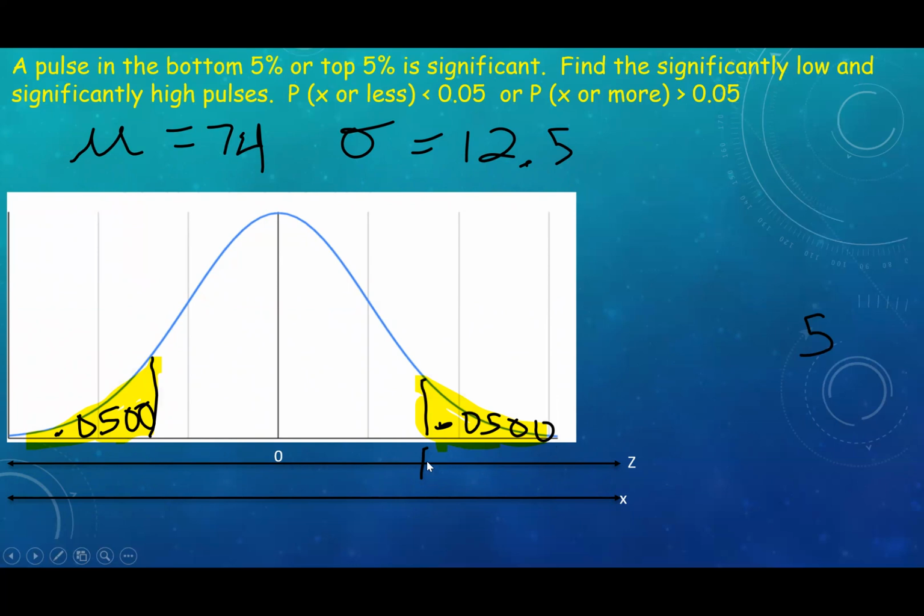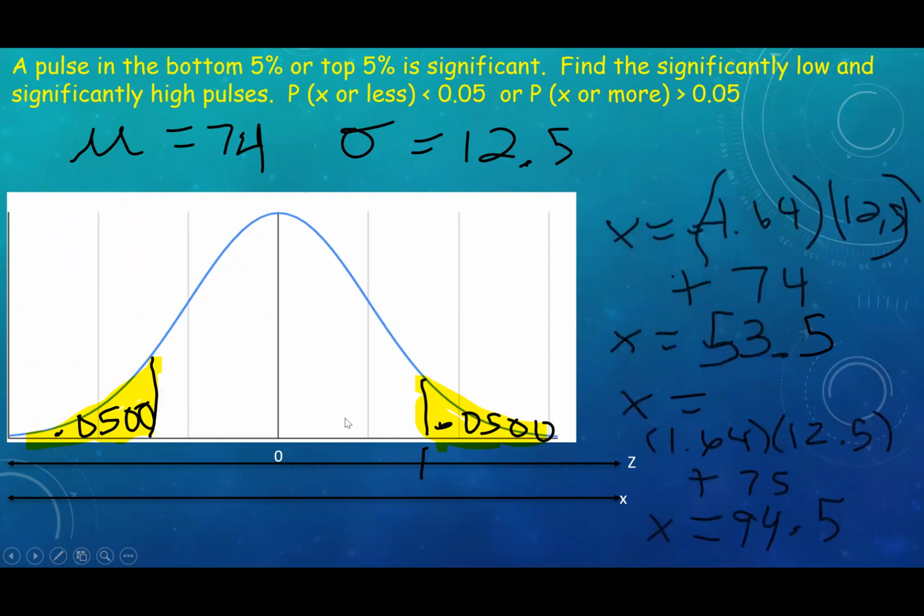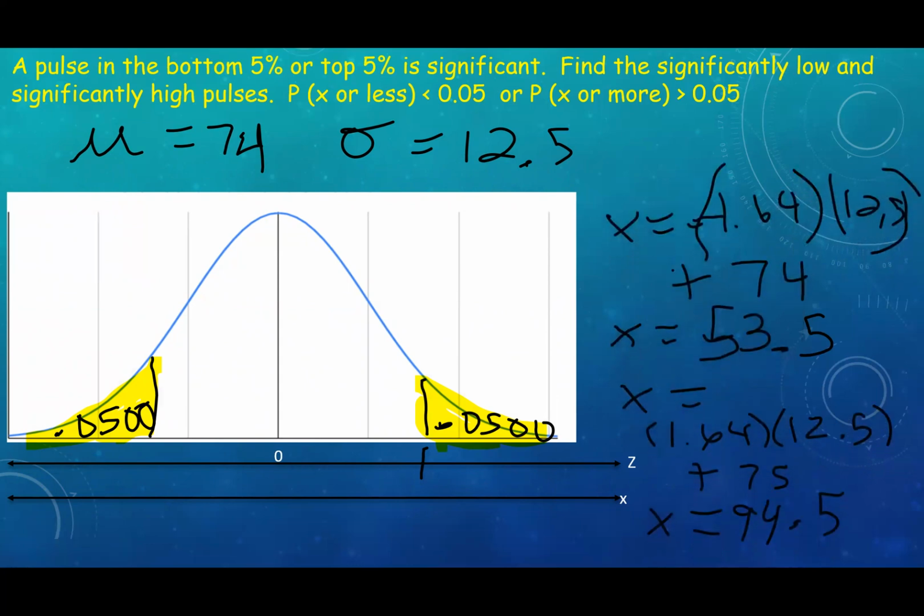And then we would want to find a z-score over here that's going to give, to the left, 0.95. Our z-scores that do that would be negative 1.64 and positive 1.64.